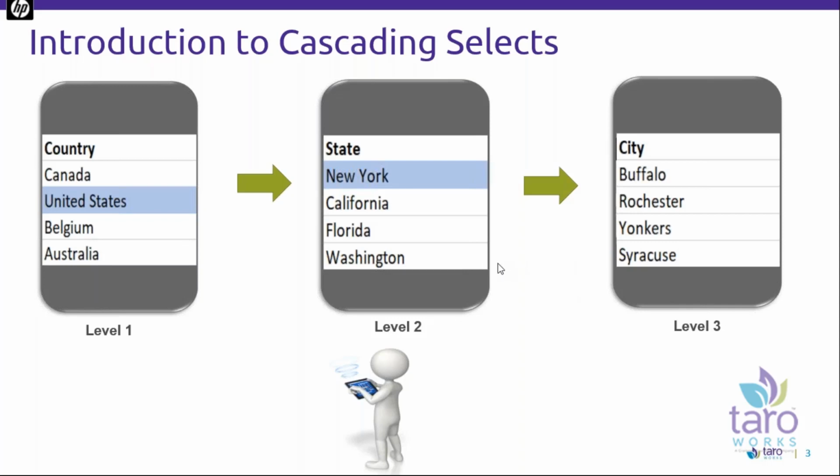So, the compatible field types for mapping a cascading select question include text, text area, long text area, and rich text area.